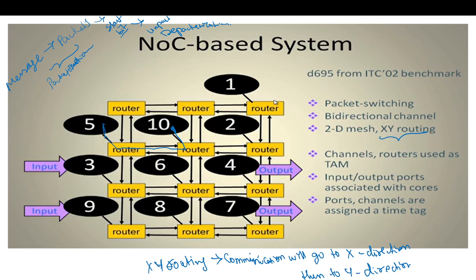Channel routers are used as TAM. So the test access mechanism is these routers and the channels and the input-output ports associated with them. Port channels are assigned a time tag.